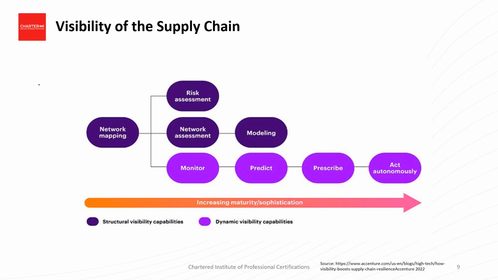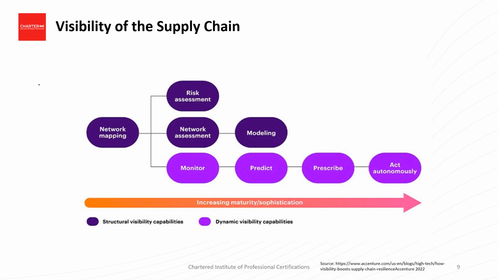Secondly, having visibility allows organizations to do network mapping. Thus, they can understand the flow of goods, information, and finances between the different components. This understanding is crucial for effective supply chain management, as it allows organizations to identify potential bottlenecks, inefficiencies, and risks in their supply chain, allowing for better risk management.